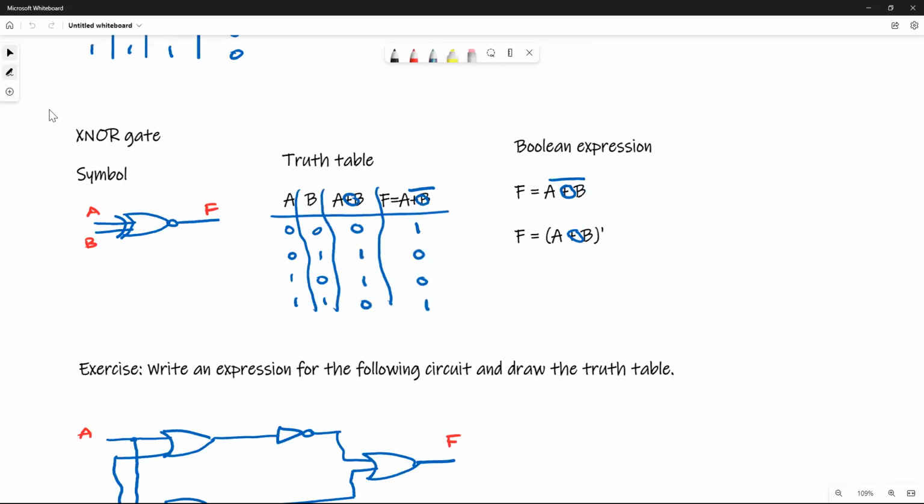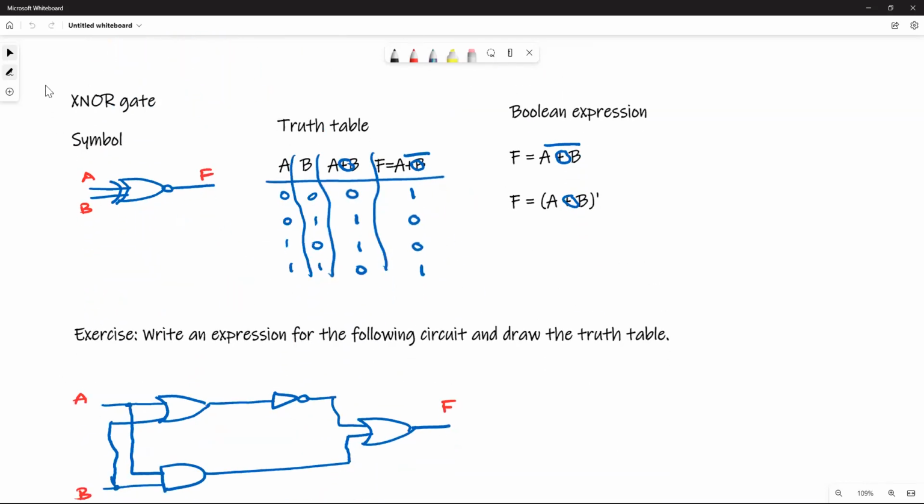New to this is the exclusive NOR gate, that means XOR plus NOT gate. The symbol is similar to this one. We know the exclusive OR gate gives output 1 whenever only one of the inputs is 1. This is the complement, the opposite.